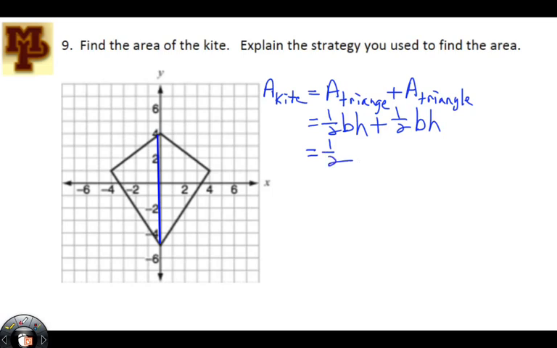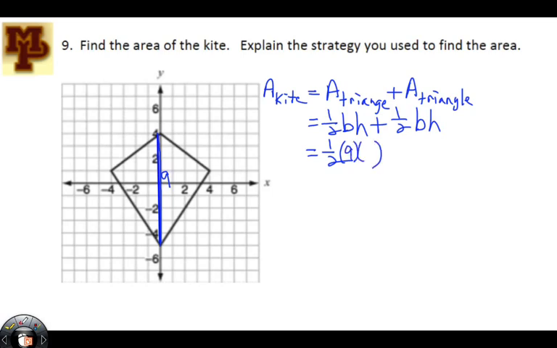Let's figure out the base. So the base is this length right here. So let's figure out how many units that is. So let's just count. 1, 2, 3, 4, 5, 6, 7, 8, 9. So it looks like 9 units. So this is 9. So that'll go here.